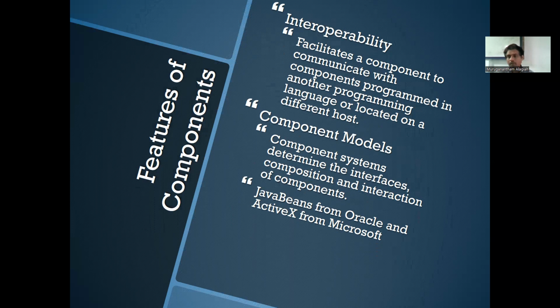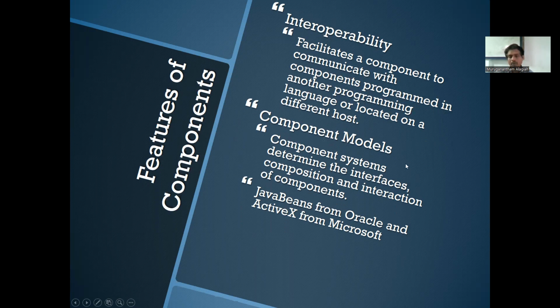For example, if you create one component using the Java platform and you want to use it on a different platform, maybe Microsoft or Linux or some other platform, that is very much possible. So that is one of the features of interoperability in components, which basically facilitates a component to communicate with a component programmed in another programming language or located on a different host. And the next one is component models.